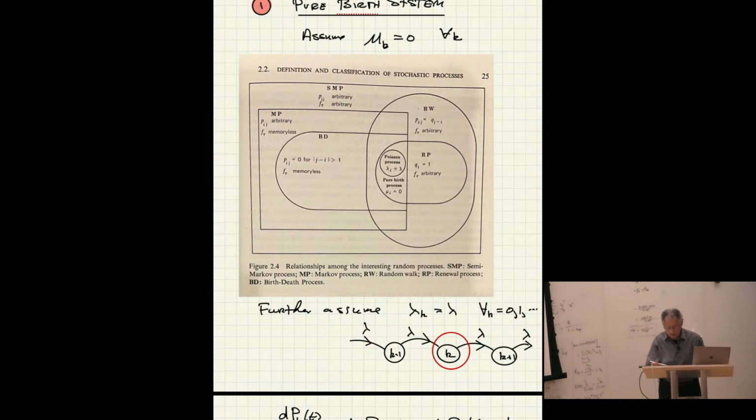Where are you at a certain time? What's the probability you go from state I to state J for an arbitrary time between hops. That's why it's not a Markov process. A renewal process is the same thing, but you're counting how long it took you to get there, instead of the state. And again, you go one at a time with an arbitrary distribution.